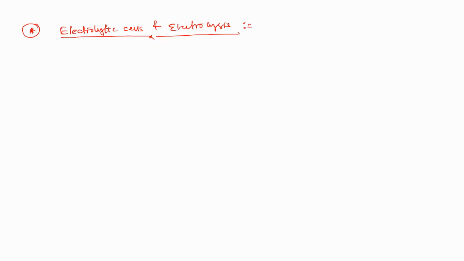But the electrolytic cell is totally opposite, where we have to give an external potential to run the redox reaction. When we are not putting an external potential, no redox reaction happens, but when we put an external potential, then the redox reaction happens. This type of cell is called an electrolytic cell.